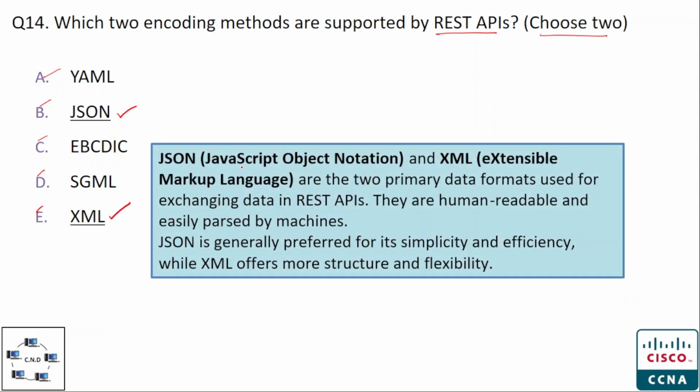So JSON, that is JavaScript Object Notation, and XML, Extensible Markup Language, are the two primary data formats used for exchanging data in REST APIs. They are human readable and easily parsed by machines. JSON is generally preferred for its simplicity and efficiency, while XML offers more structure and flexibility.